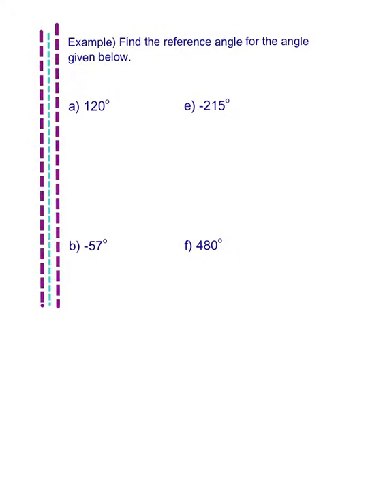So here in the first one, I'm asked for a reference angle for 120 degrees. So first let's plot 120 degrees in standard position. So here's my initial side, and then 120 degrees is going to lie in the second quadrant. So the reference angle is terminal side to x-axis.